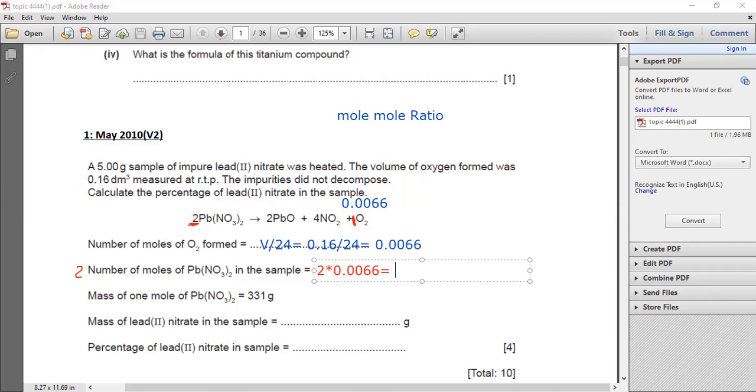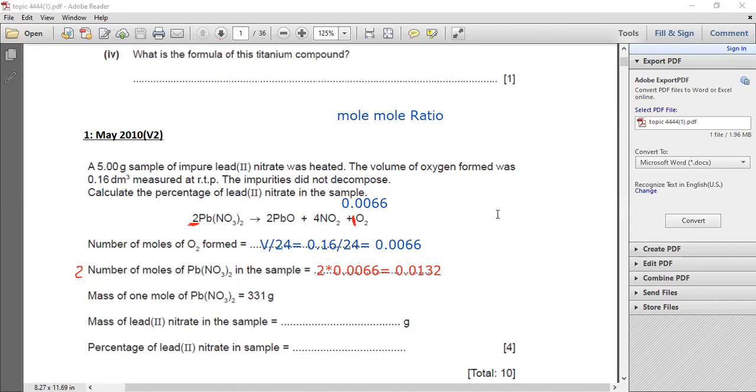So when you multiply them together, what is the answer? 0.0132.